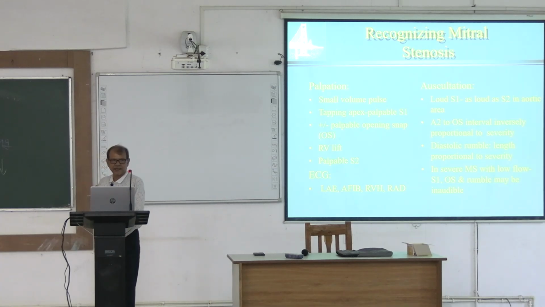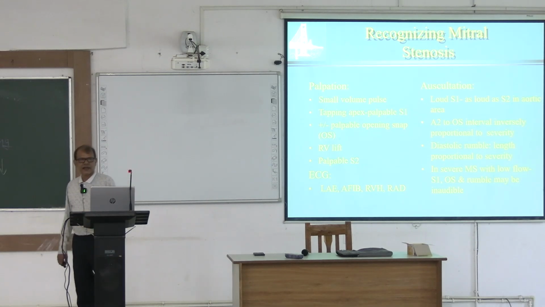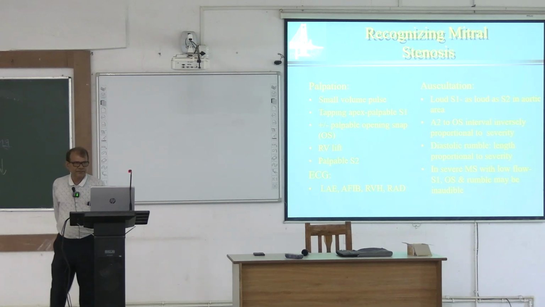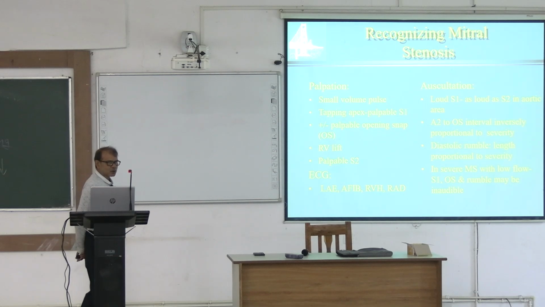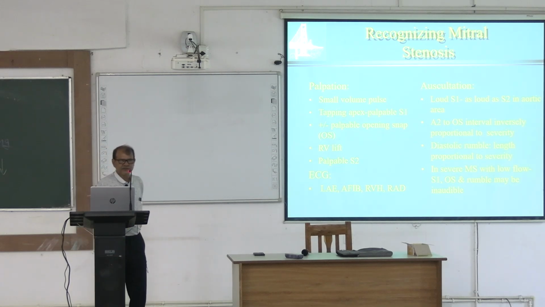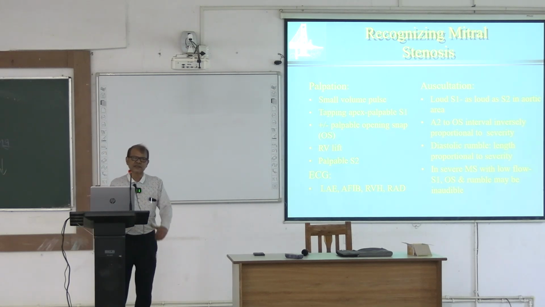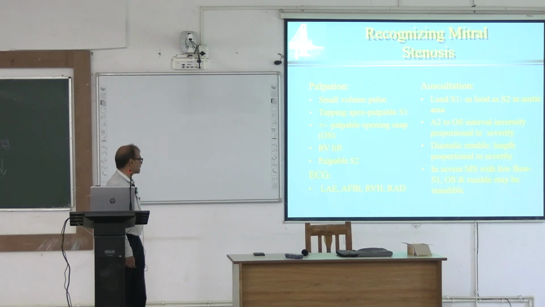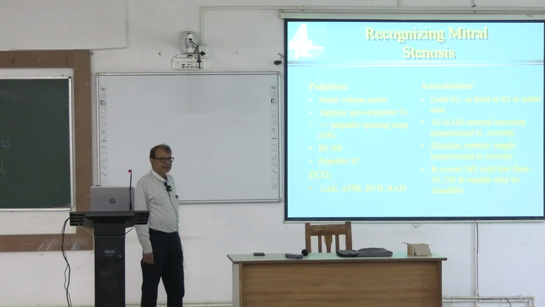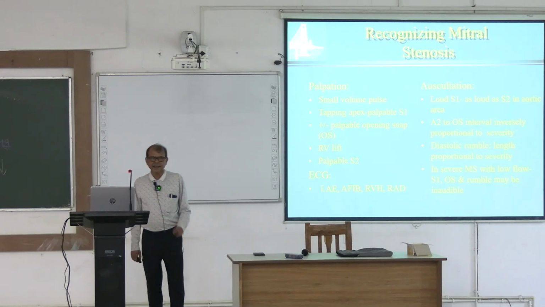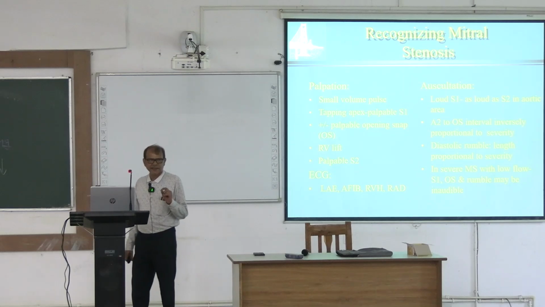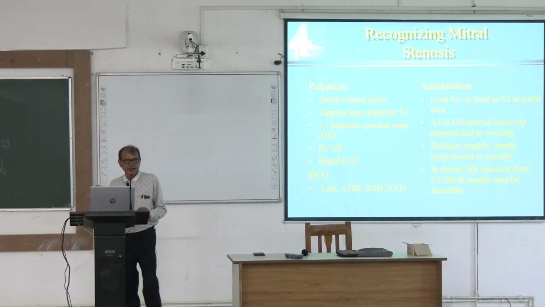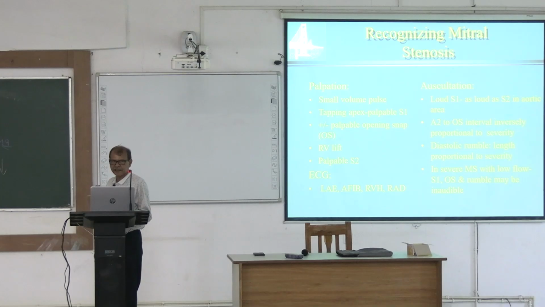Here, the opening snap is crucial for assessment of severity of mitral stenosis. The interval between the S2 and the opening snap is inversely proportional to the severity of the mitral stenosis. And lastly, there is the diastolic rumbling murmur, best heard in left lateral decubitus, left lateral supine recumbency.